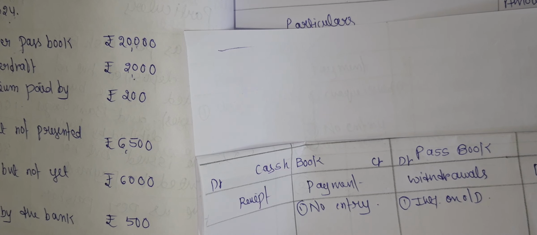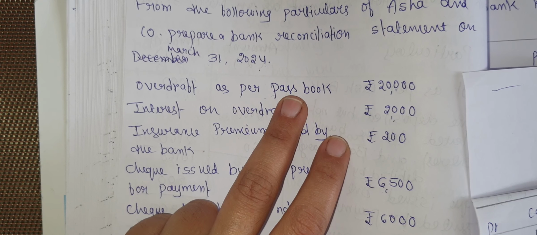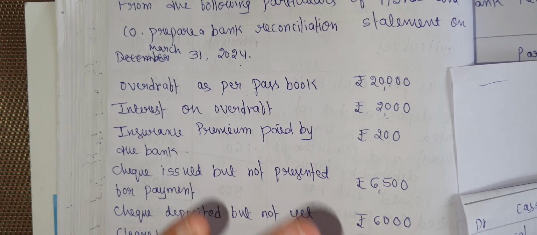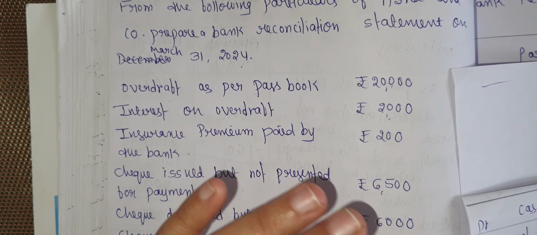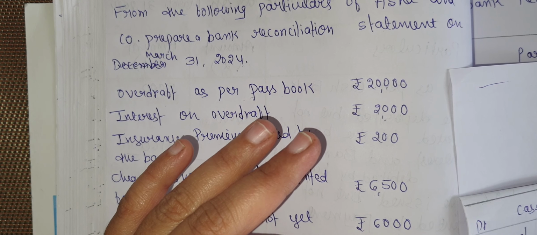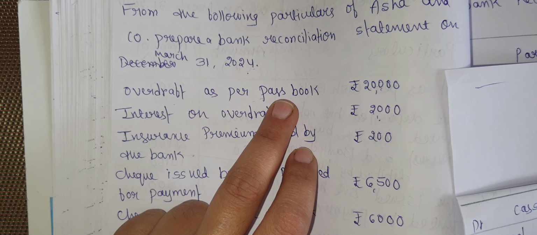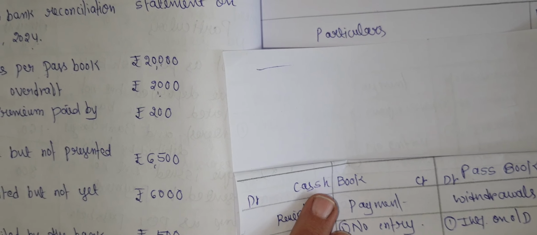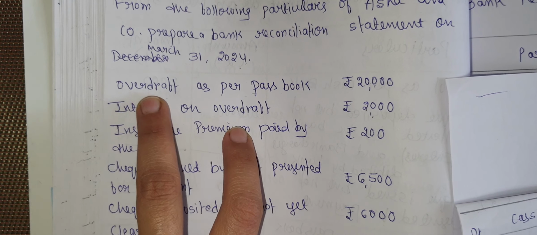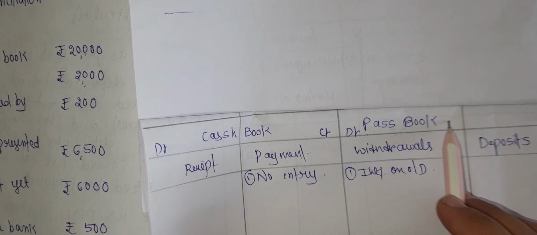Check the effect on its passbook only. Why? Because they mention in the problem overdraft as per the passbook. In the case of unfavorable balance we need to check its effect on the passbook only, that is mentioned in the problem. If they mention here overdraft as per cash book, we need to check its effect on cash book only. But here they have given overdraft as per the passbook. So check the effect on its same book, means on the passbook only.